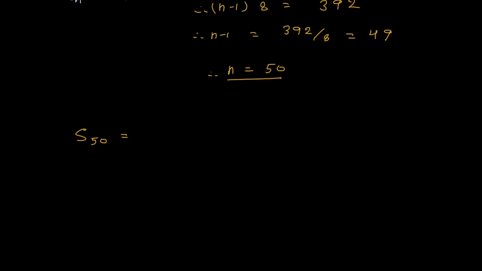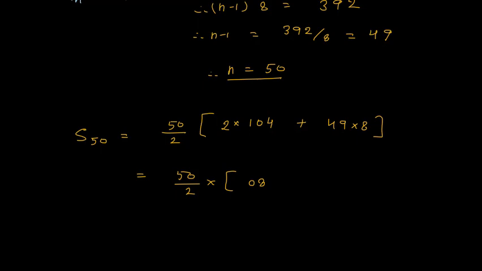So the formula for S50 is what? 50 divided by 2 into (2A plus (n minus 1) into D), where A is 104, n minus 1 is 49, and D is 8. So this will give me 50 divided by 2 multiplied by, 2 fours are 8, 208 plus 8 nines are 72, 8 fours are 32, 32 plus 7 is 39.